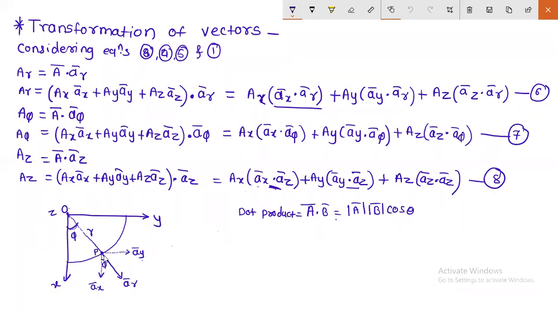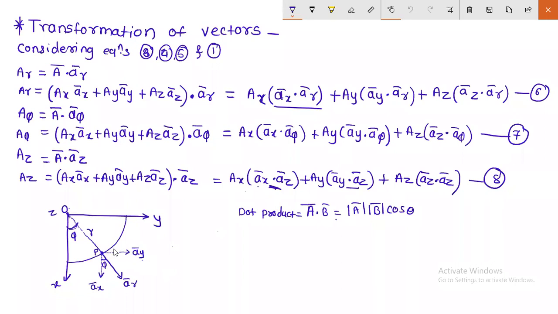Here, for the unit vector in the direction of x, just draw one parallel line in the direction of x, that is parallel with x, and that is your unit vector a bar x. Similarly, draw a parallel line with the y axis, so that you will get the unit vector a bar y.